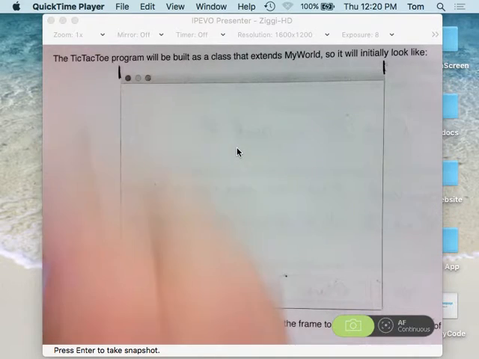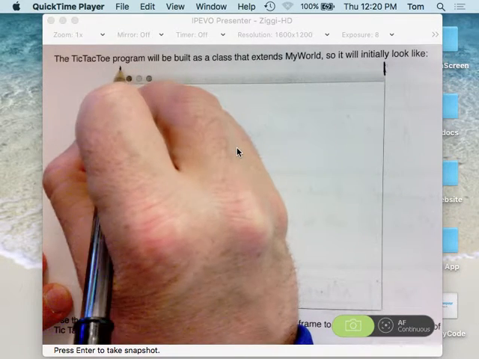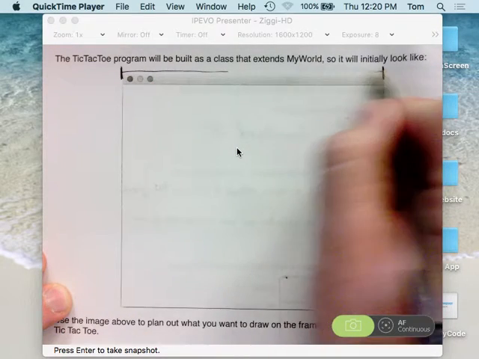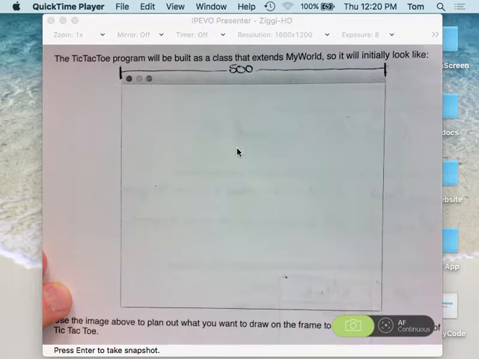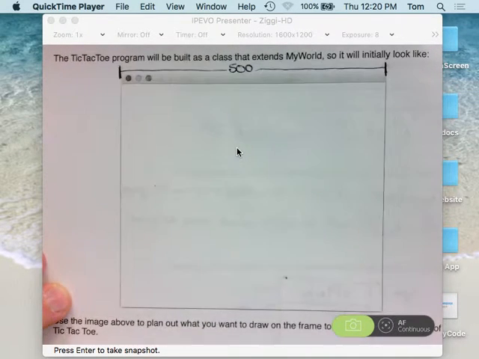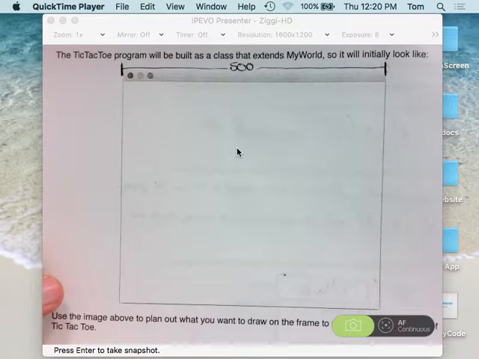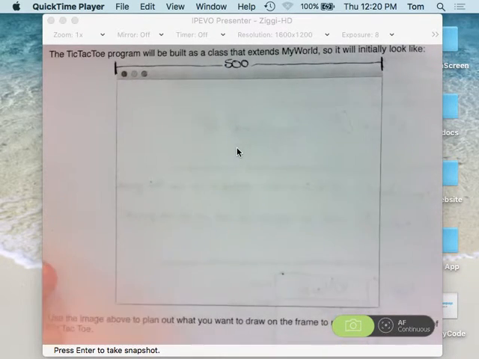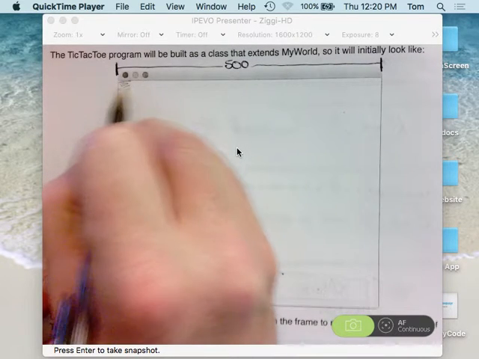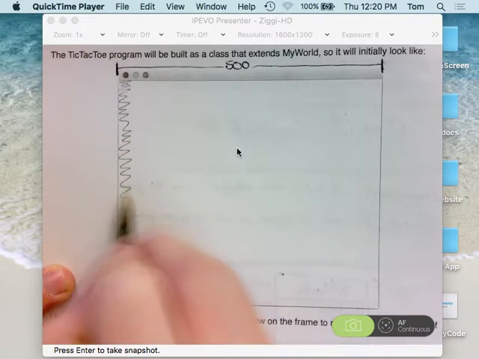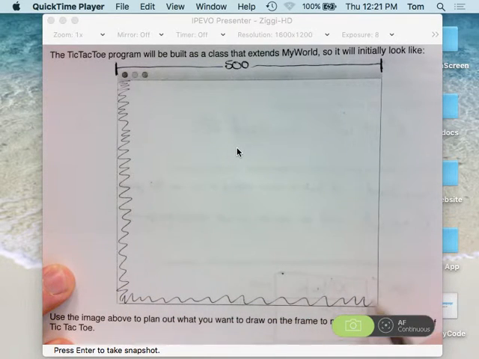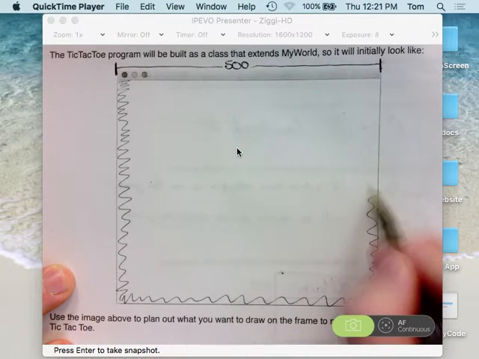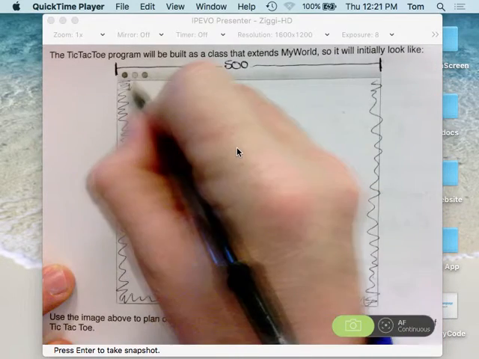Okay, so we know that from the left side of the board all the way over to the right side of the board, since this is a My World program, is going to be 500 pixels. One thing you might say is we don't want the board to go across the whole thing because it might look a little bit weird, so maybe there's a little buffer area that we're not using on the left, on the bottom, on the right, and on the top.